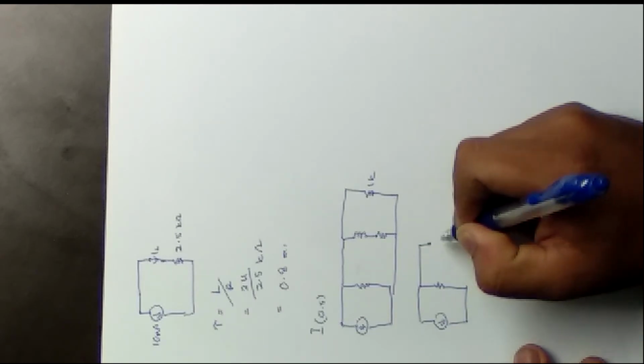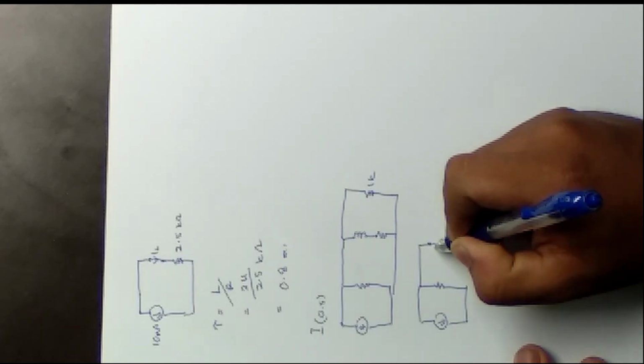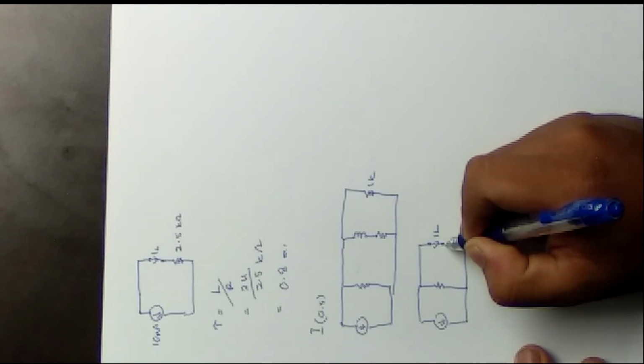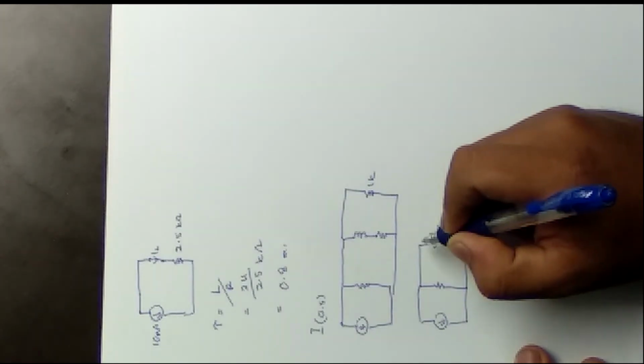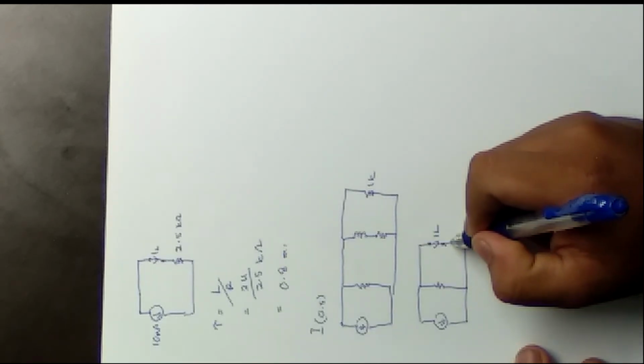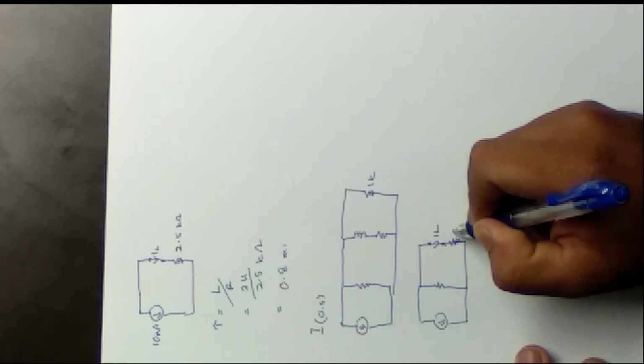This is the IL. We must short the circuit, and then, sorry, okay, the 0.5. We just put the 0.5 in here.